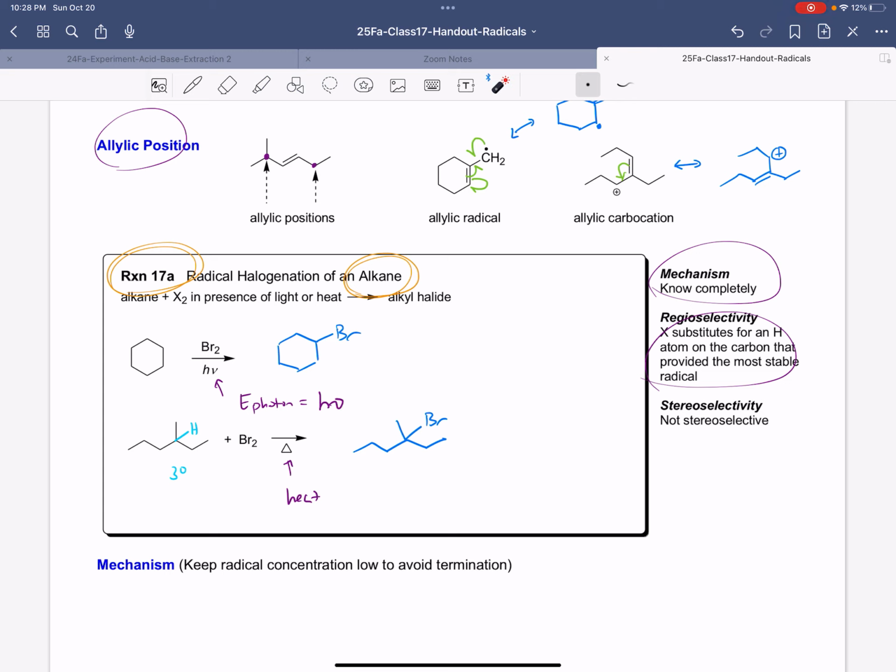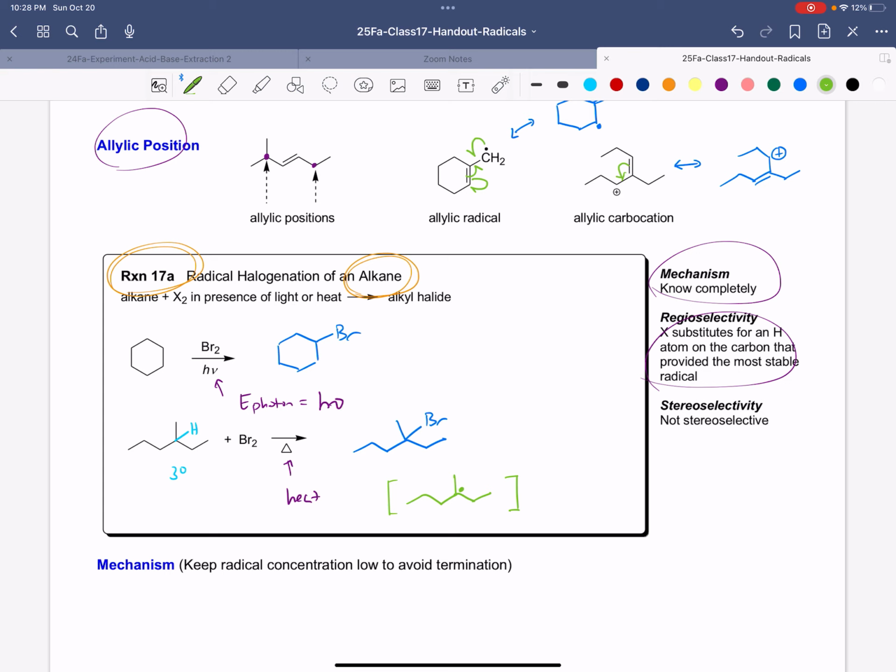It's not stereoselective. In the previous page, we talked about that the radical is an sp2 carbon, which is flat, right? And so hopefully that photograph helped a lot, but without the photograph, you have to know that that radical is flat.